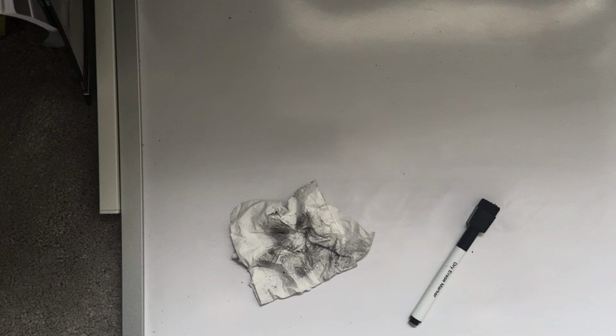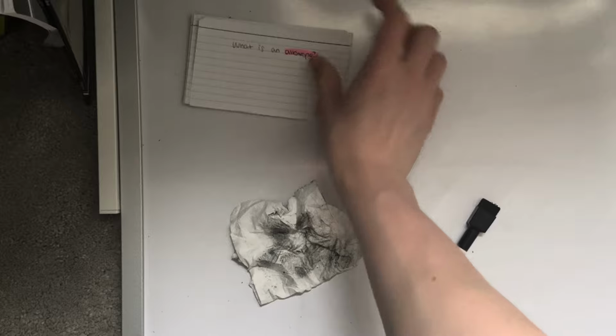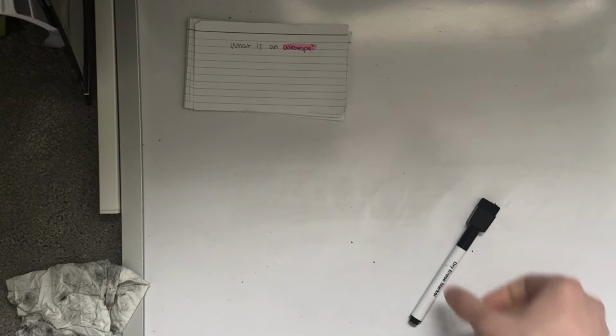So, as you can see, we have: what is an allotrope, right? Now, I'm not even going to look at the answer. I'll literally put the flashcard right there. Okay, ignore this tissue, it's a bit dirty, but we've got: what is an allotrope? I'm going to answer that now.